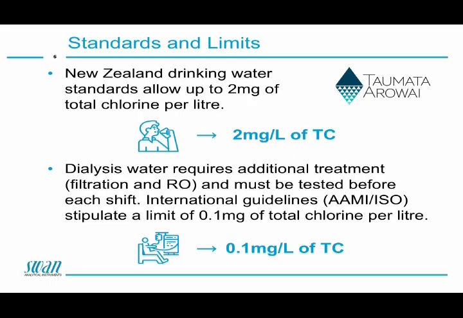Filtration and RO generally are the two that take place in the RO room if there's a central RO unit. And this water must be tested before each shift. International guidelines stipulate a limit of 0.1 milligram of total chlorine per litre. And of course, generally in New Zealand, you test at the beginning of every shift to ensure that there's no breakthrough.